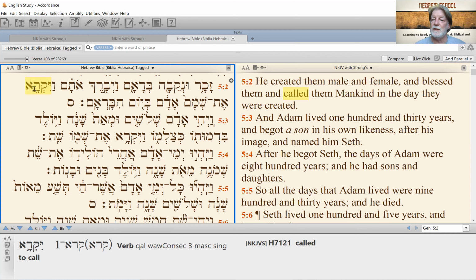But the meaning is perfect. The meaning is the opposite. So when you've got a vav consecutive, it means stick with the original verb sense. If the original verb sense was completed action, then stick with completed action, even though the form of these verbs throughout is going to be imperfect, a continuing action.